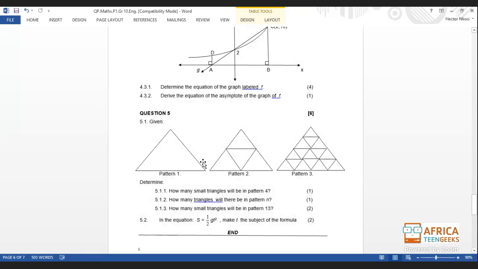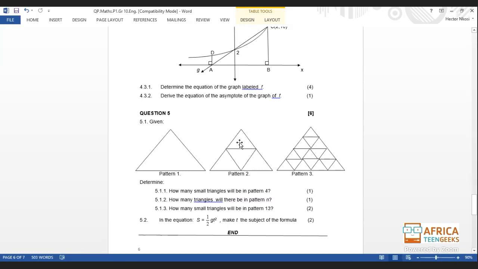We have covered number patterns already, but I chose this question because it's nice and straightforward, and it will help you guys to recap your stuff.